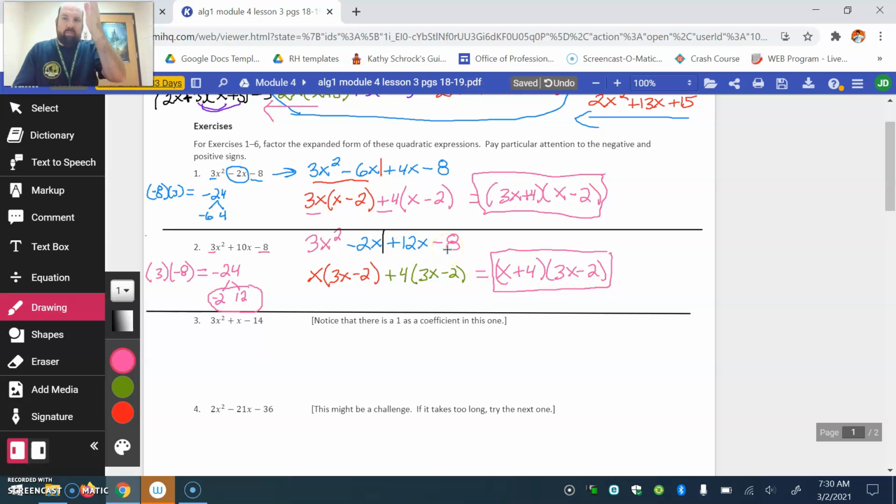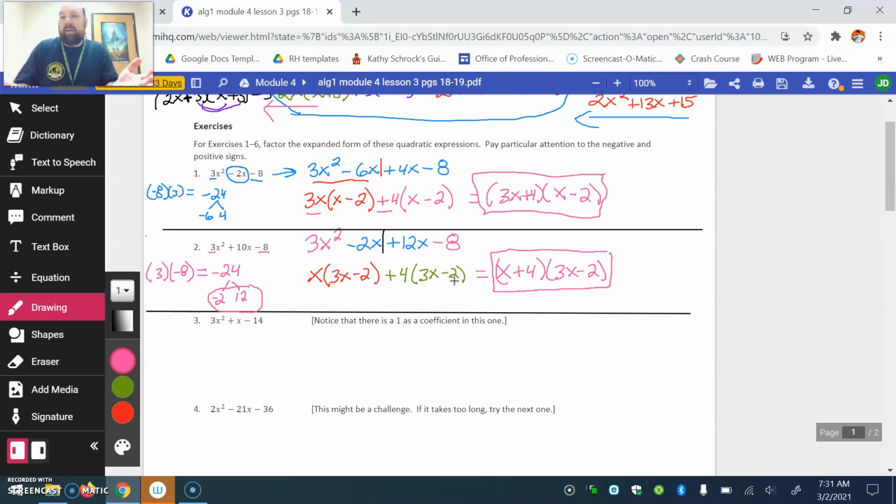Now I put a line in between them and kind of split it in half. On the left side, I factored out an x from 3x squared and minus 2x to give me x in front, 3x minus 2. Now, the beauty of this is, on the right side, inside parentheses, I need to have the same thing.